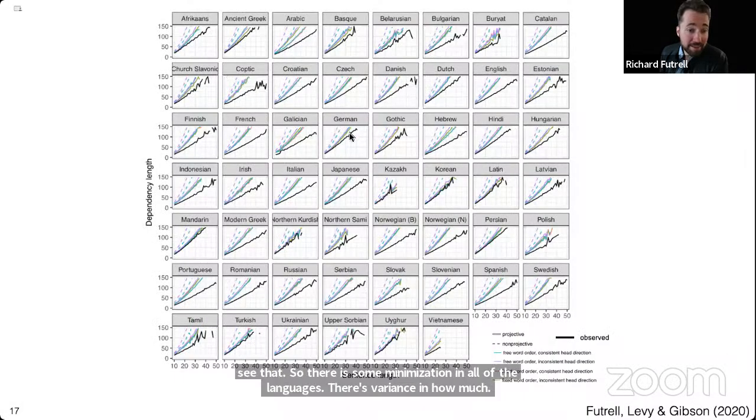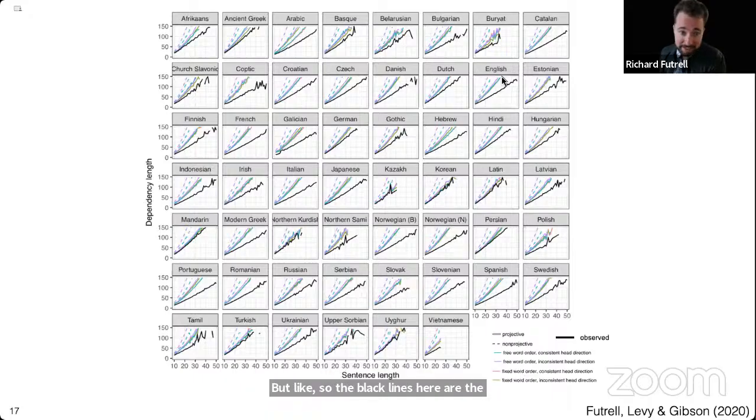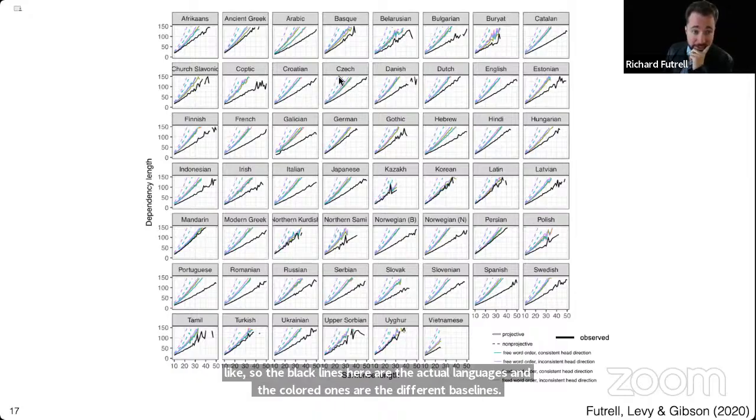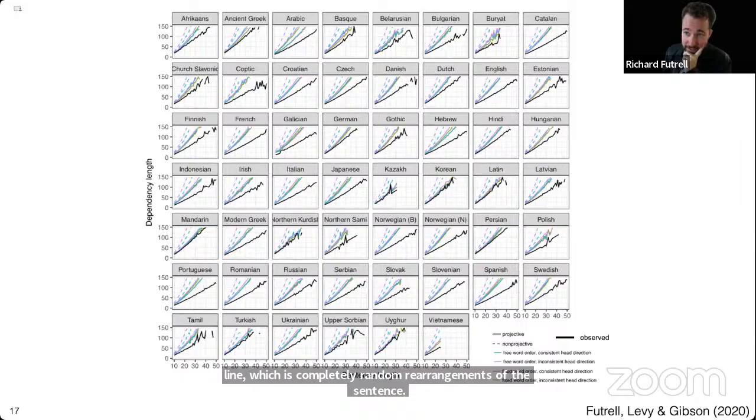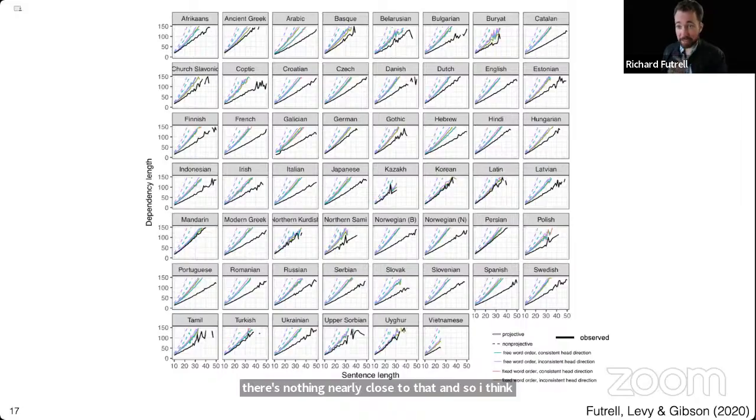The black lines here are the actual languages and the colored ones are the different baselines. It's true that there's variance among the languages, but none of them are anywhere near the dotted purple line, which is completely random rearrangements of the sentence. There's nothing nearly close to that. And so I think these functional pressures are not necessarily going to be operating in evolutionary time, because in evolutionary time, you're already operating within a regime that's pretty good.